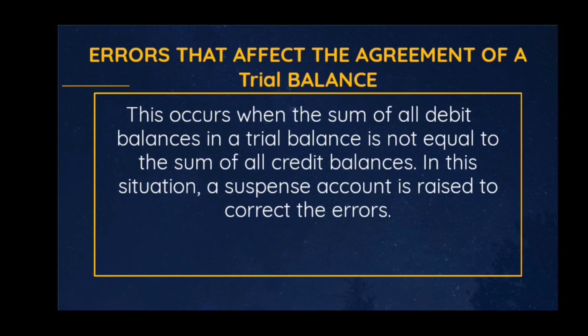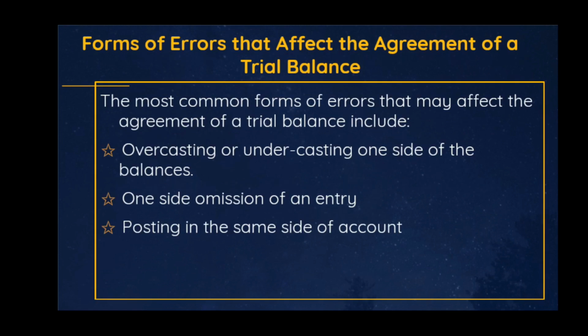That is, all the debit side of the trial balance is expected to be equal to the addition of all the credit side of the trial balance. If the sums are not equal, that means the trial balance has an error. So those are the errors we want to consider, those errors that can make a trial balance not to agree. So, forms of errors that can affect the agreement of a trial balance.